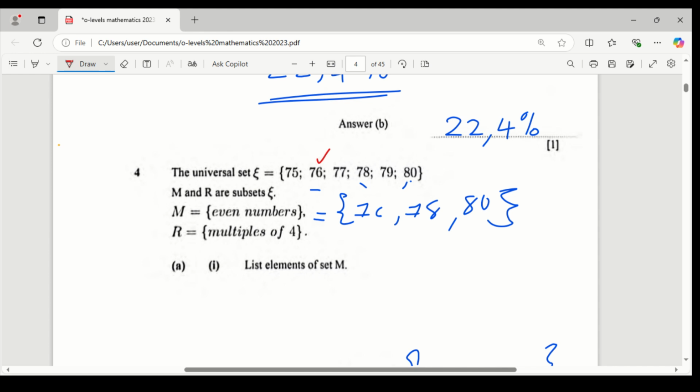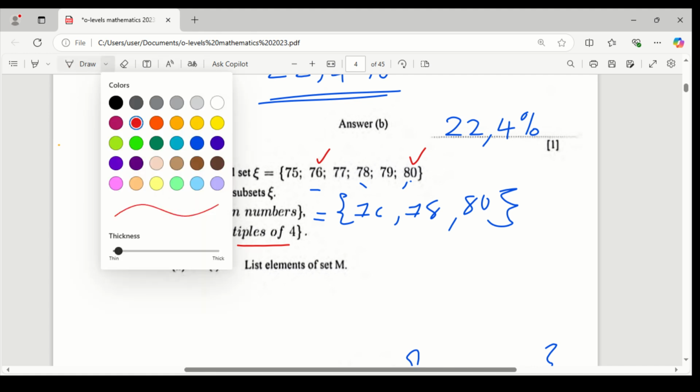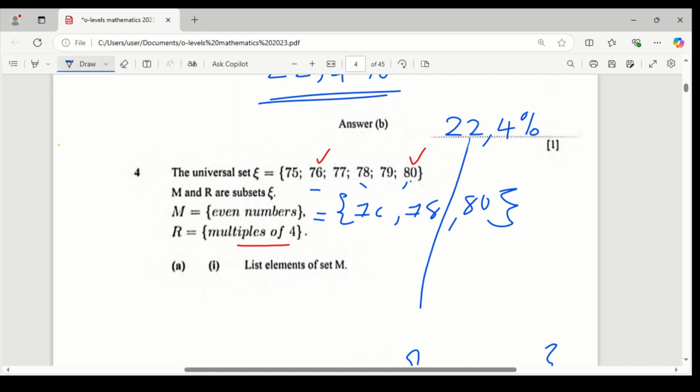If you say 76 divided by 4, you get 19. Also 4 can enter into 80, right? So that means the set R comprises of 76 and 80.